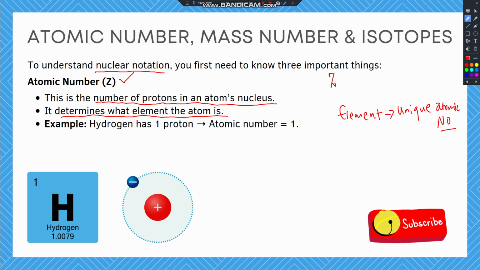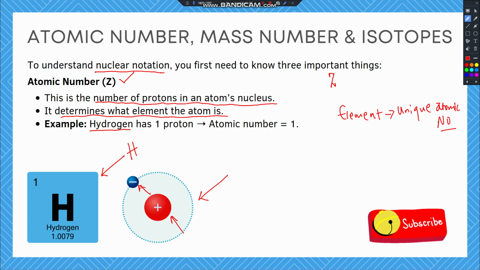We have this example on the screen right now, hydrogen. You can see the element hydrogen having the symbol H, and this is the atomic structure of hydrogen. From this atomic structure, you can see that it has just one proton and one electron.